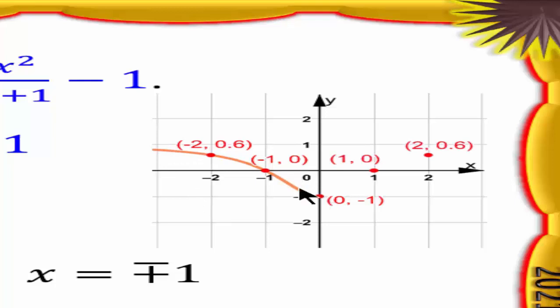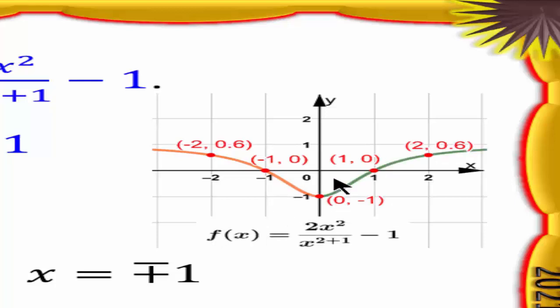This is the part of the left side. The part of the right side is the same, only change the sign of x. Here we have minus 2, here it becomes 2, here we have minus 1, here it becomes 1. The 0 stays the same. So this is the part of the right side.